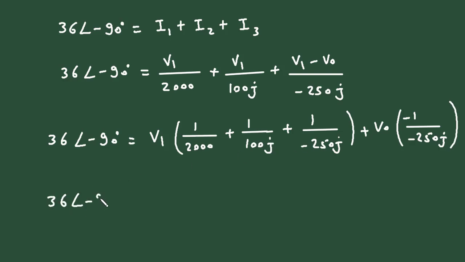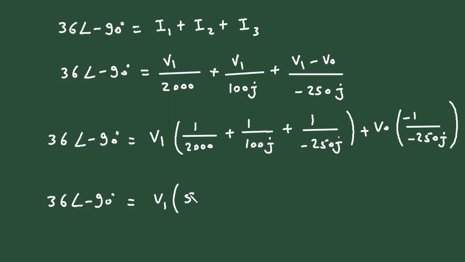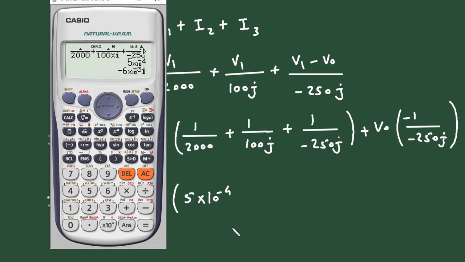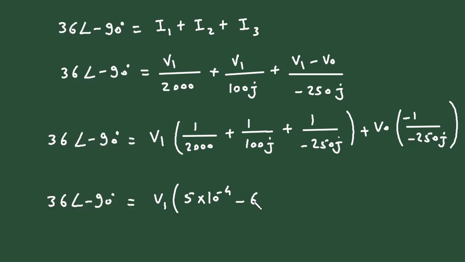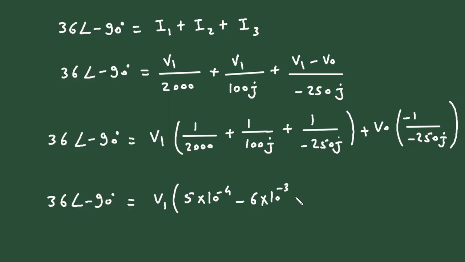So 36 at an angle minus 90 degree is equal to V1 in bracket, let's solve this, 1 upon 2000 plus 1 upon 100 into J, then plus 1 upon minus 250 into J. So it is equal to 5 into 10 to the power minus 4 minus 6 into 10 to the power minus 3 J plus VO.